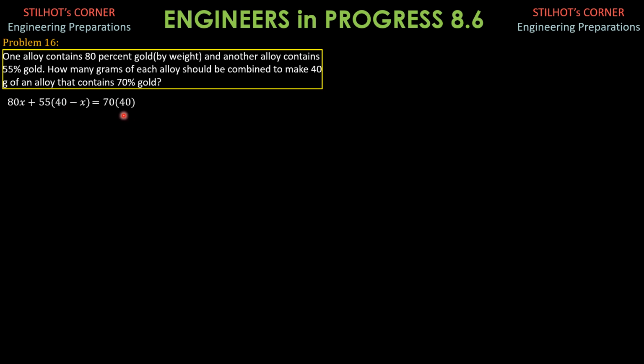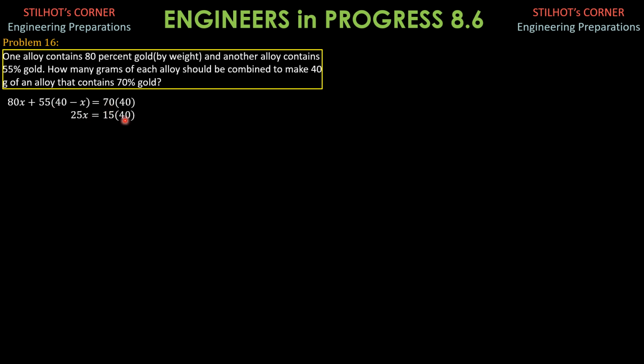So that's still the amount. 80x minus 55x is 25x on the left side, and on the right side is 70 times 40 minus 55 times 40. That would be 15 times 40.